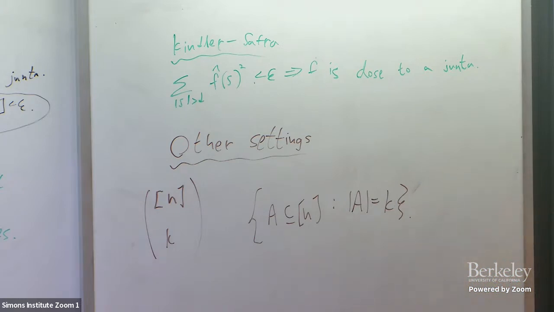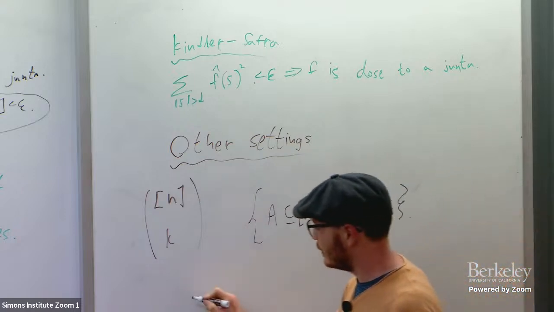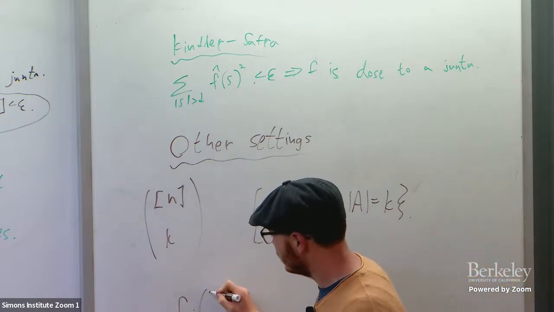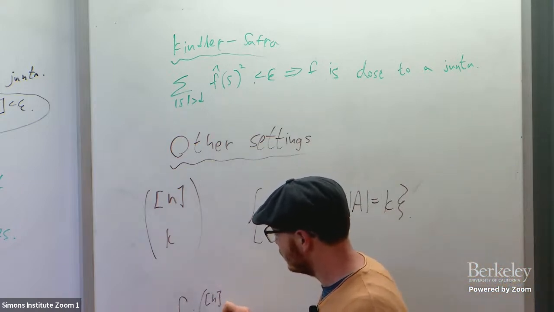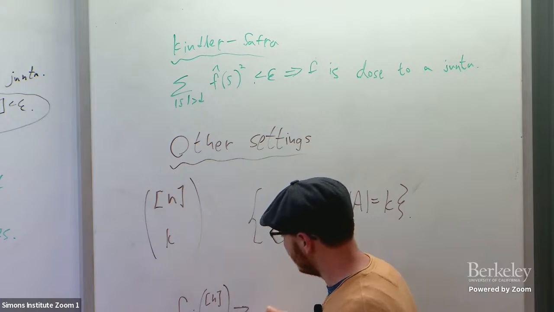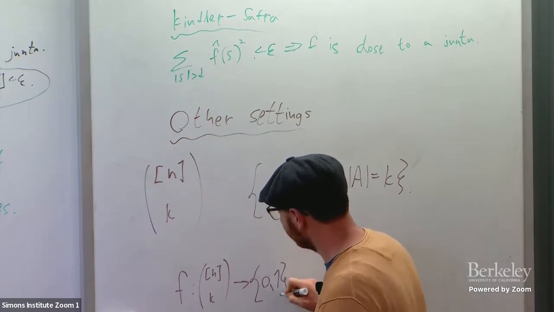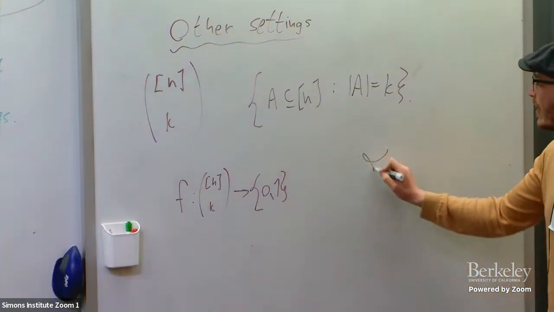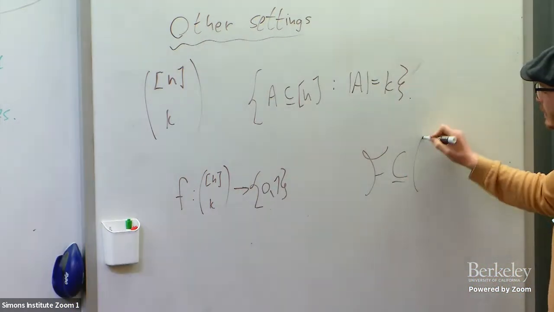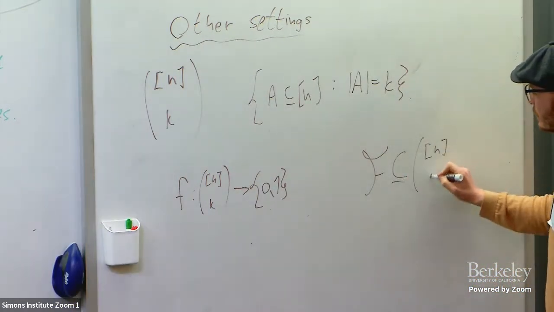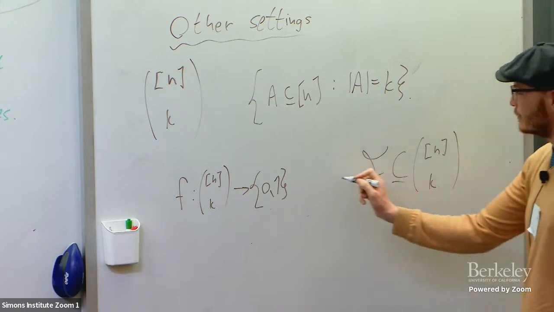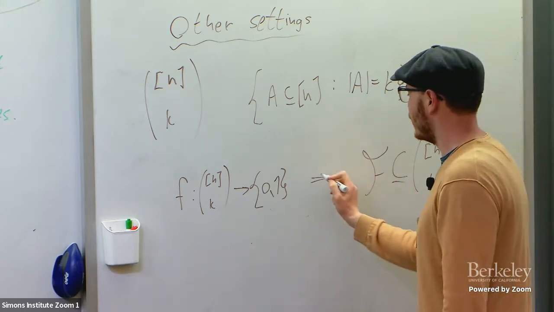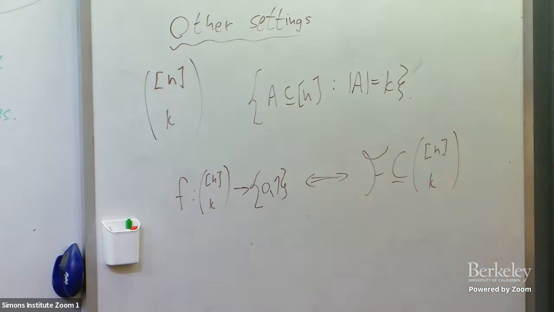And then we can ask what are the Juntas in this setting. We can talk about functions to {0,1}. And these correspond to families of sets, so they are in one-to-one correspondence.